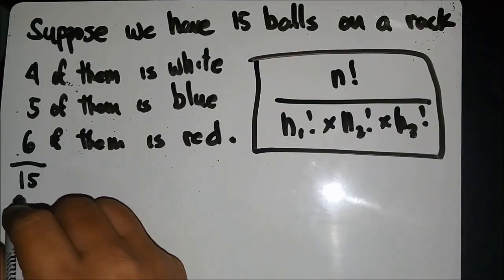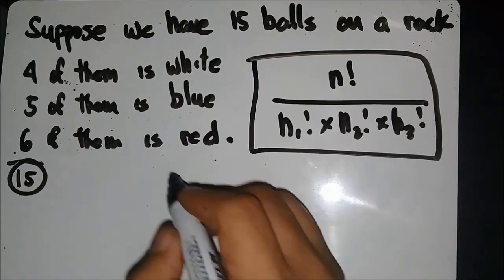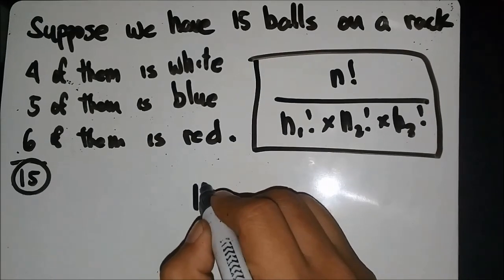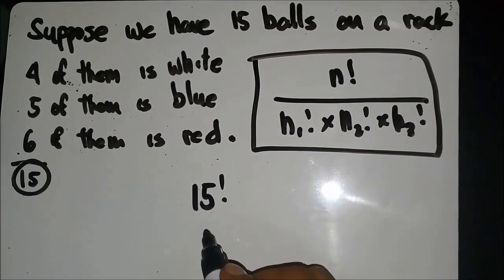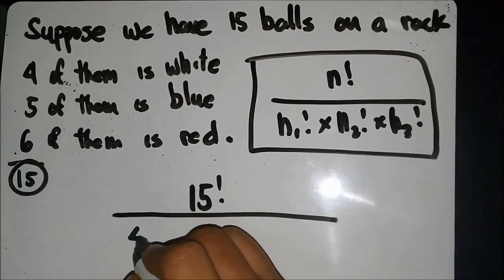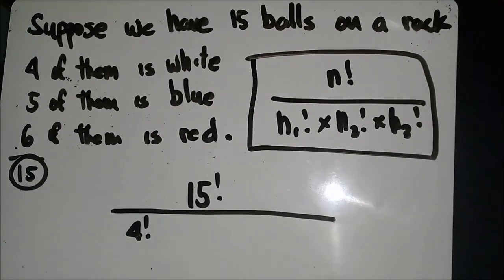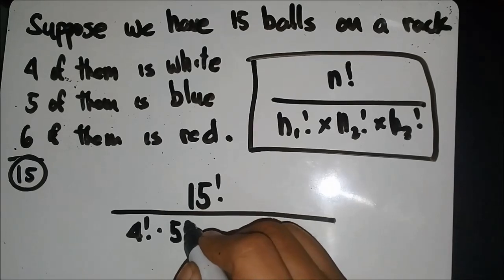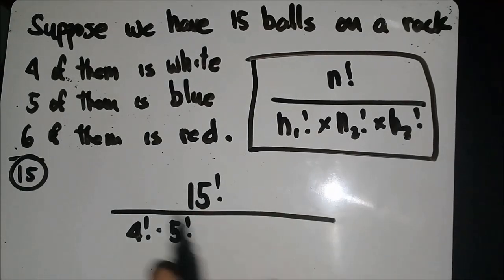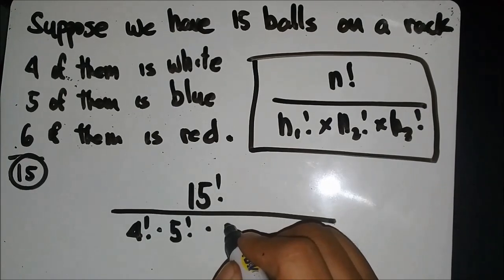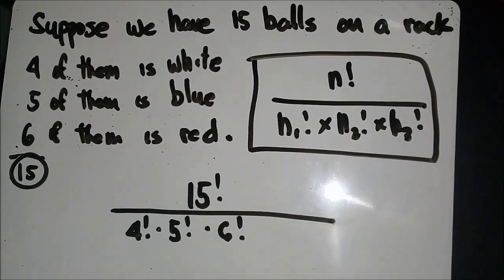In this example, we have 15 balls, and then we divide that by 4 factorial for the 4 white, multiplied by 5 factorial for the 5 blue, and multiplied by 6 factorial for the 6 red.